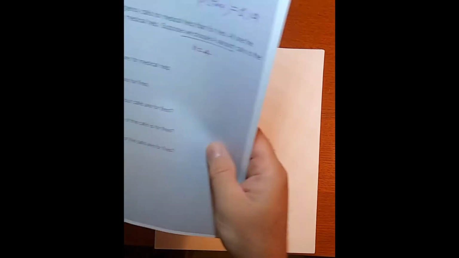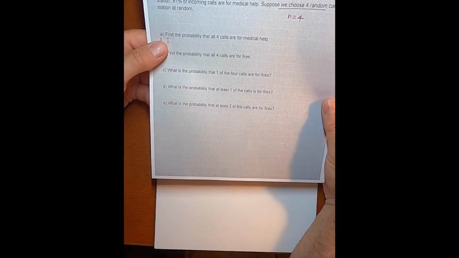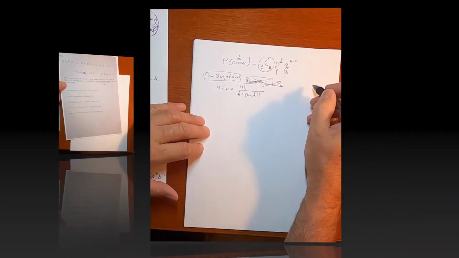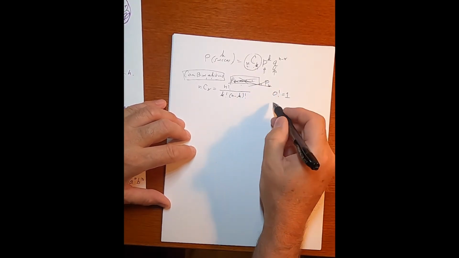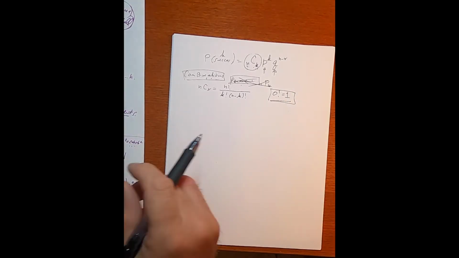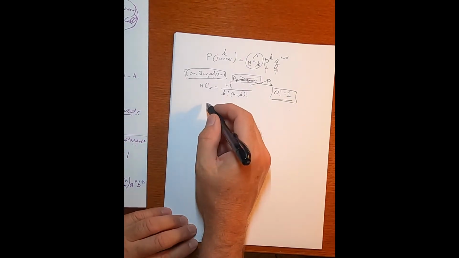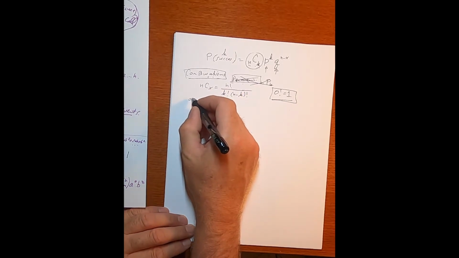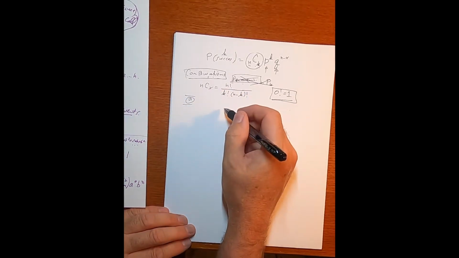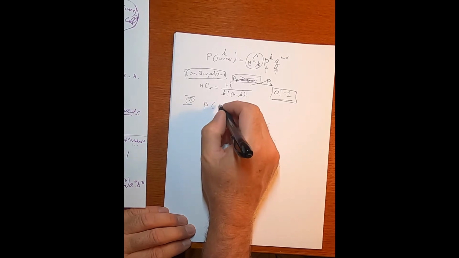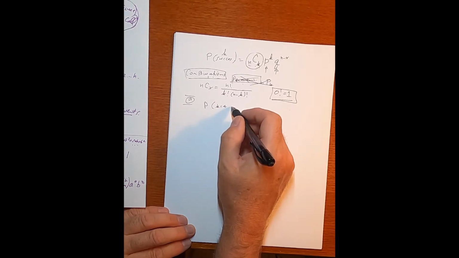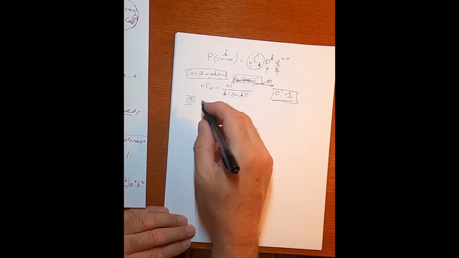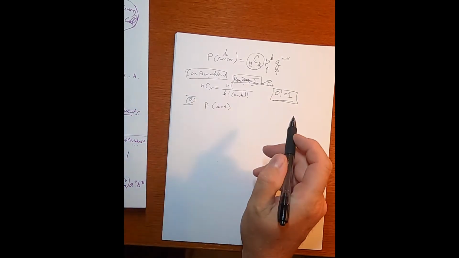So, all right, we're going to get to work on number 1. Find the probability that 4 calls are for medical help. And remember, in factorials, the factorial of 0 is equal to 1. Important to remember that. So what we want here in part A is the probability that we get k equals 4 successes, all 4 successes, when n, the total number of trials, is 4.